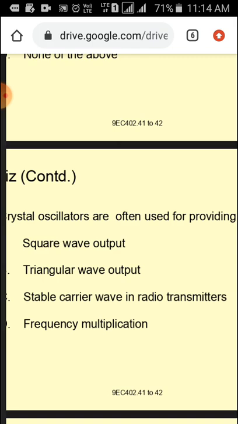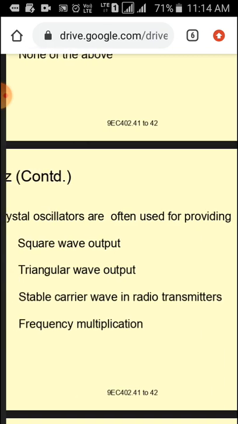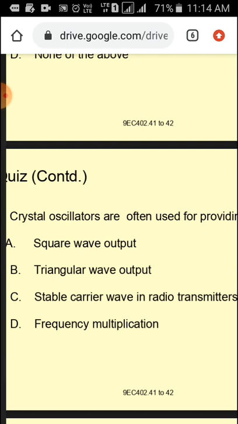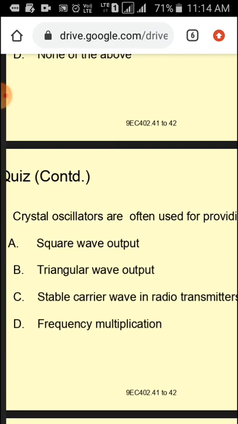Crystal oscillators are often used for providing: A, square wave output; B, triangular wave output; C, stable carrier wave in radio transmitters; D, frequency multiplication.